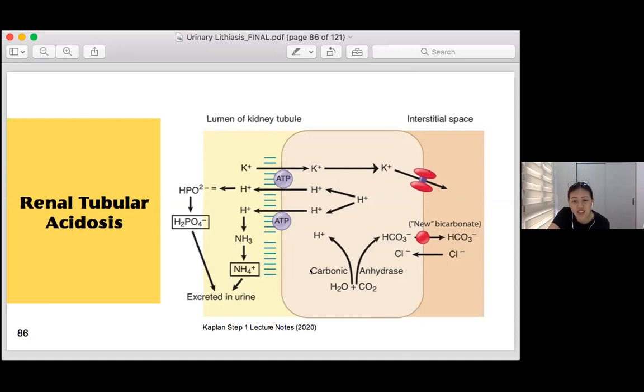These cells also have a chloride bicarbonate anion exchanger that transports bicarbonate into the blood. These active pumps generate a 1,000 to 1 hydrogen ion gradient between the cell and the tubular lumen, which allows reduction of urine pH to as low as 4.5.